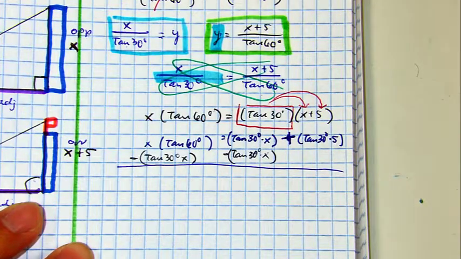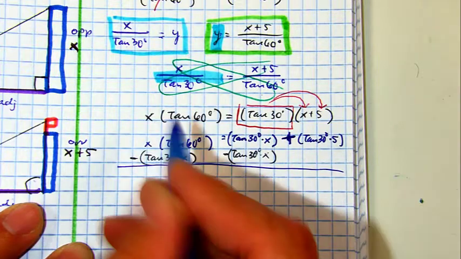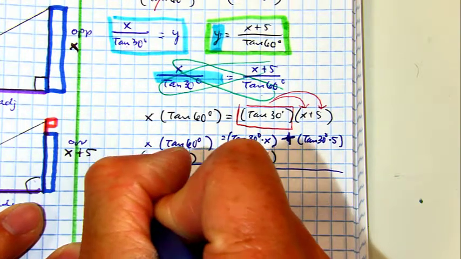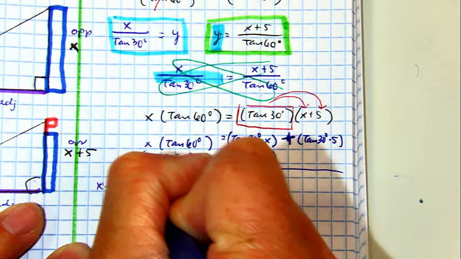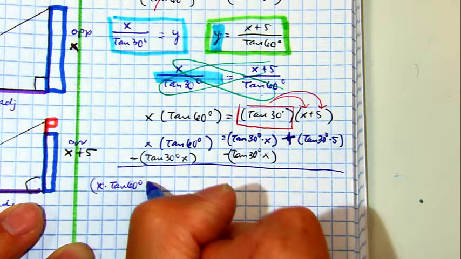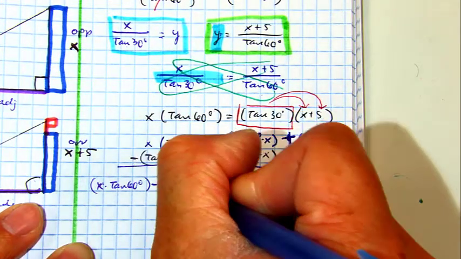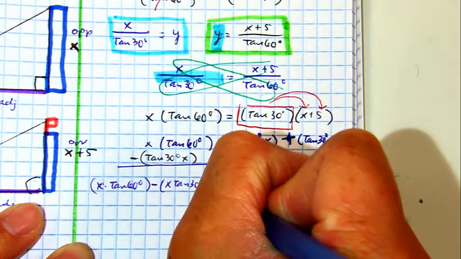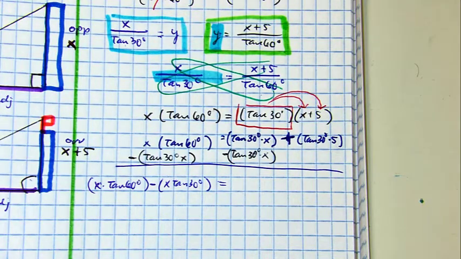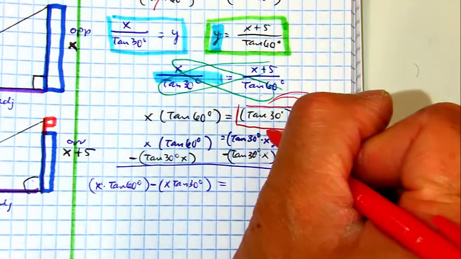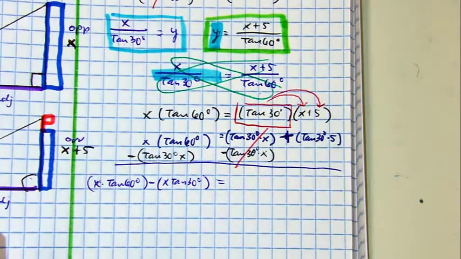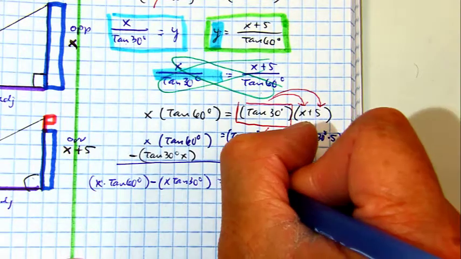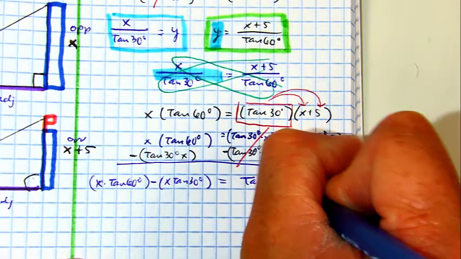So now I have this expression, x times tangent of 60 degrees minus, let's put the x in front, x times tangent of 30 equals, these canceled, right? Tangent of 30 times 5.